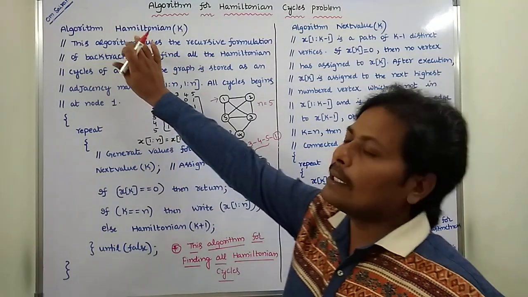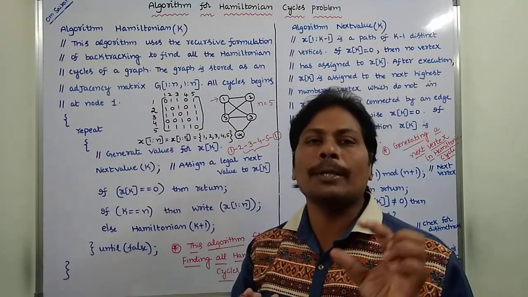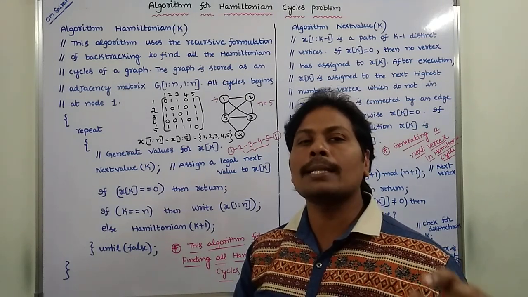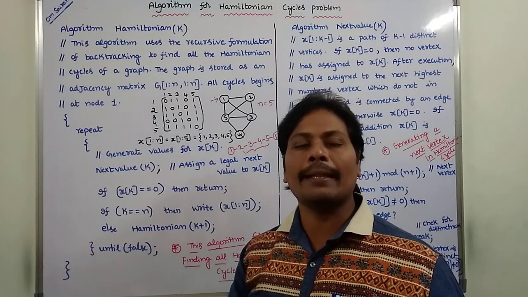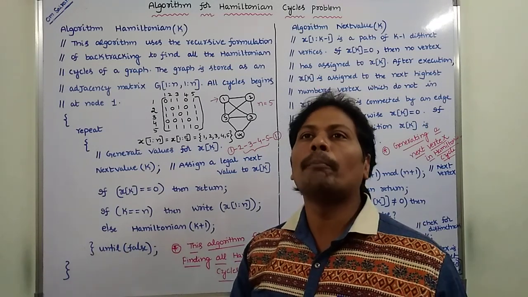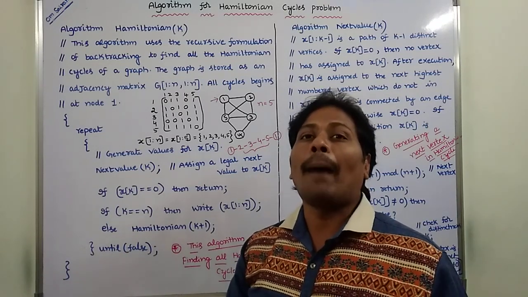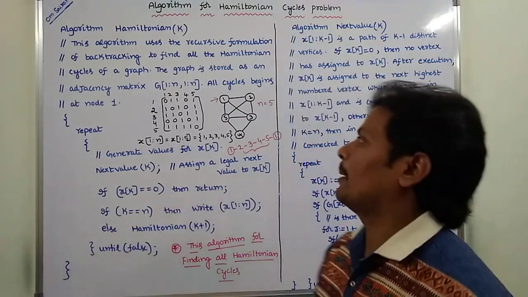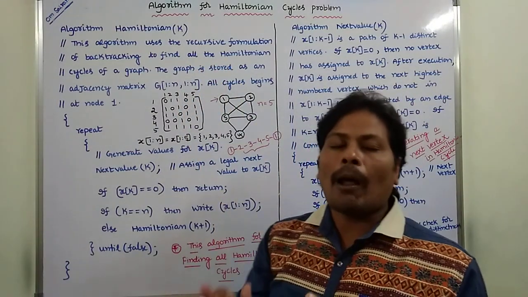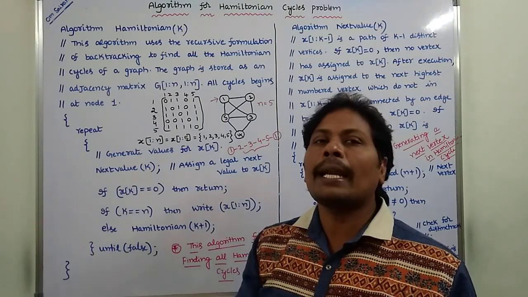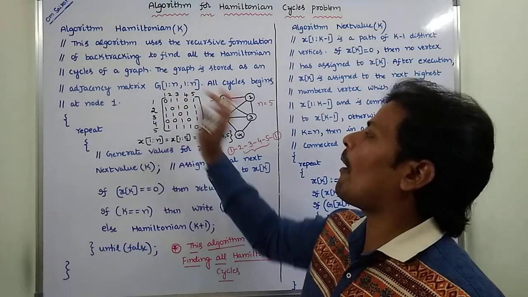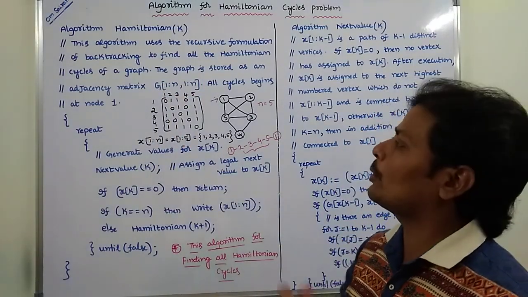This algorithm is used for finding all the Hamiltonian cycles present in the given graph by using recursion. Next, this graph is represented as an adjacency matrix, that is G of 1 to n comma 1 to n.